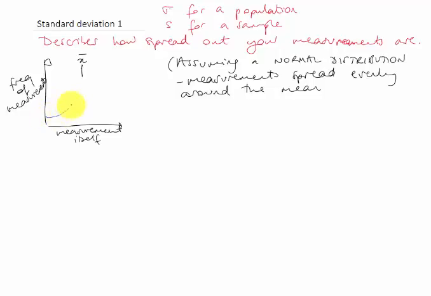So for example, we could have one where the measurements are quite close together, or this one where they're more spread out. In fact, I'm going to be more extreme with that blue one. Okay, so these are both spread out evenly around the mean.